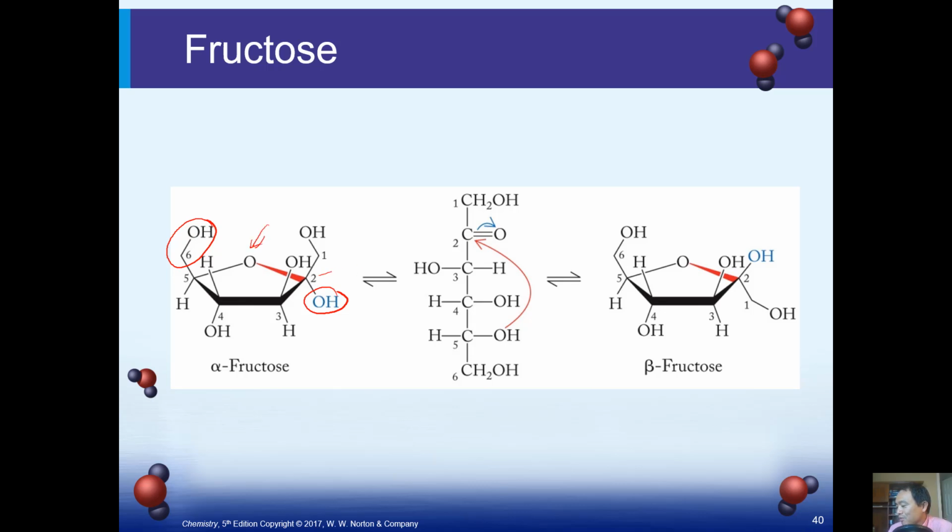This is the carbon that is connected to this oxygen. You compare that OH as you see over here. So in this two relationship, one is up, one is down, different side, that's alpha. With CH2OH, and then when you look at this OH group, it's on the same side, so we call that beta. So that's how we define alpha and beta.